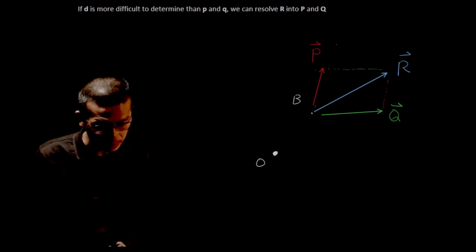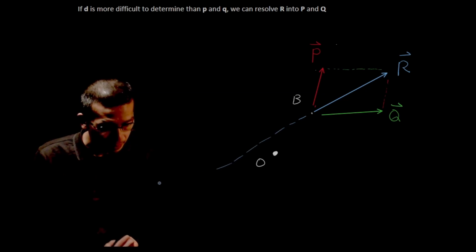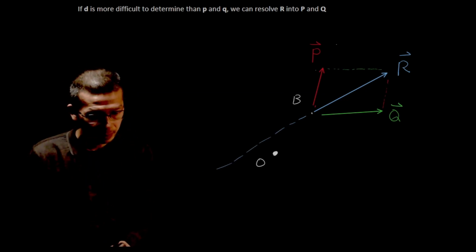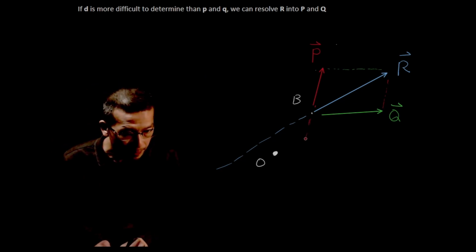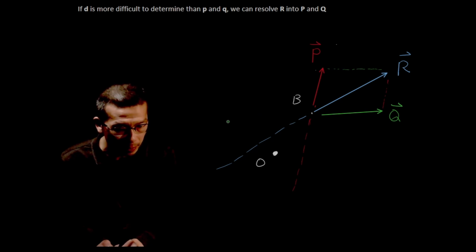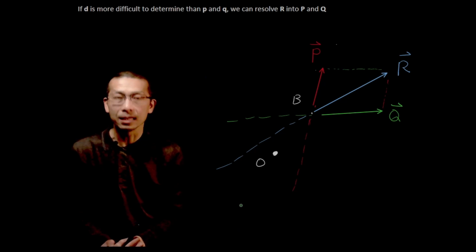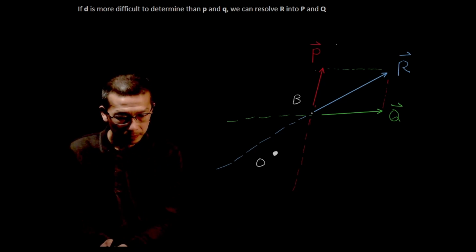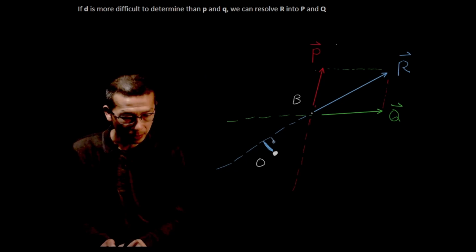That little p and q, this is what it is. Let me show you. So let's draw the line of action for vector R, the R force. Similarly, if we do that for the P force and the Q. Okay. So D is the perpendicular distance from the origin to the line of action. This is 90 degrees.